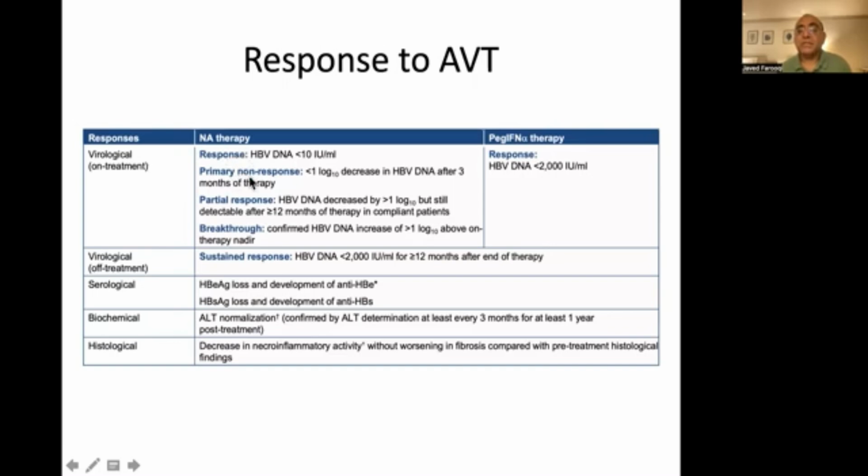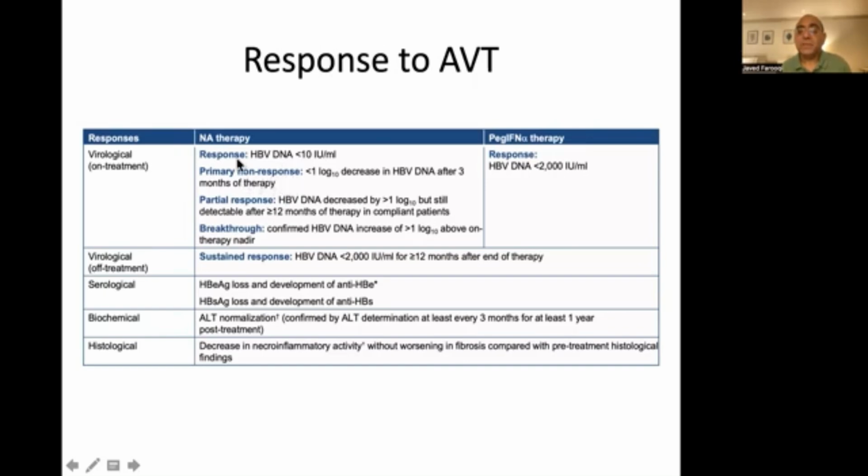If there is less than 1 log decrease in the HBV DNA after 3 months of therapy, you started a patient on antiviral treatment, and after 3 months we checked the viral load and there was less than 1 log decrease, you call this primary non-response.